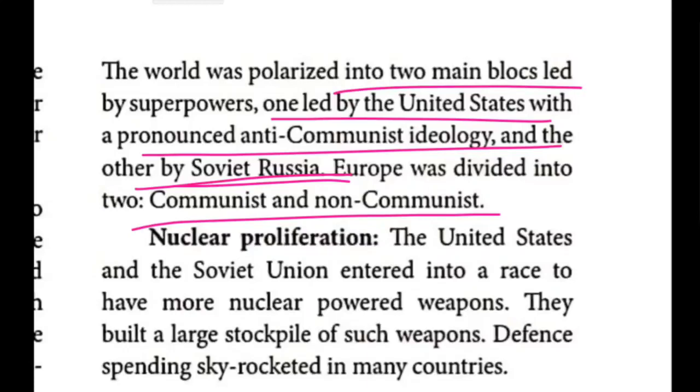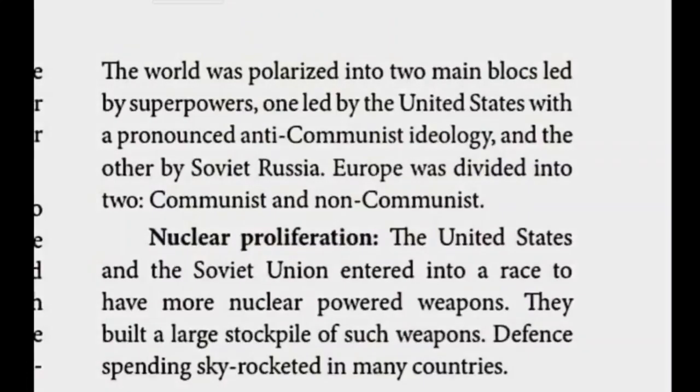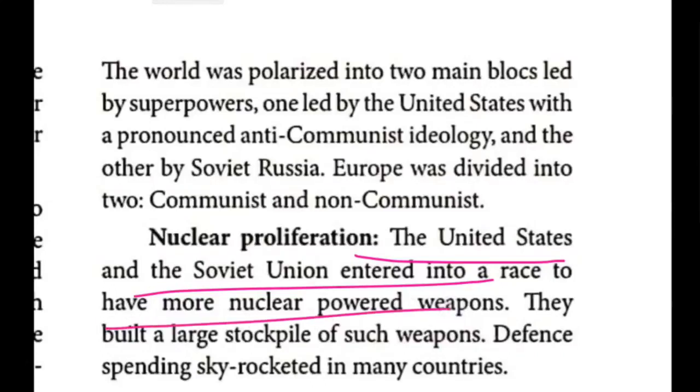Second para, what is given? Nuclear proliferation. After the completion of the Second World War, each and every European country started to increase their weapons. That's the point here. The United States of America as well as Russia entered into a race to have more nuclear powered weapons.